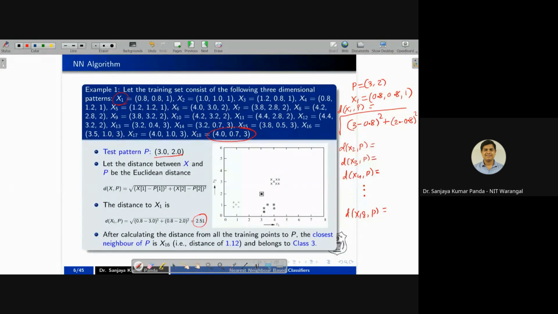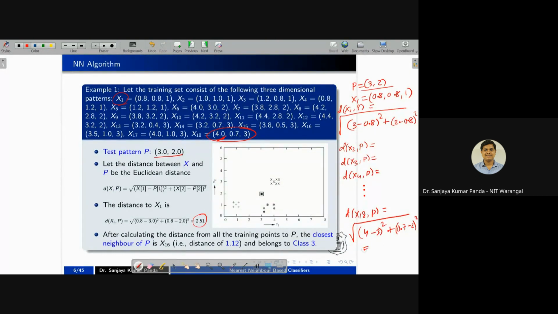If p is 3 and 2 and x18 is 4 and 0.7, then it will be the root of, not 0.8, because our coordinates are 3, 2. So I take 4 minus 3 whole square plus 0.7 minus the second coordinate 2, whole square.